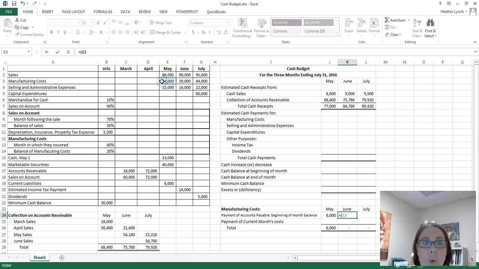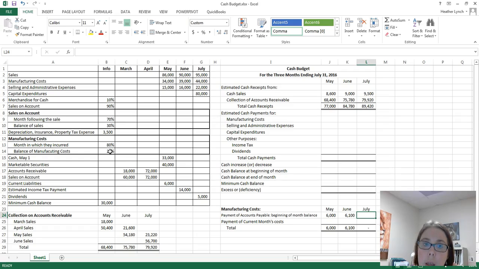We need to take off that depreciation, insurance, and property tax because that was included in the manufacturing cost. We're going to pay the balance. Remember, we're doing June's payments. So we paid 80% in May, so we're going to pay 20% in June.